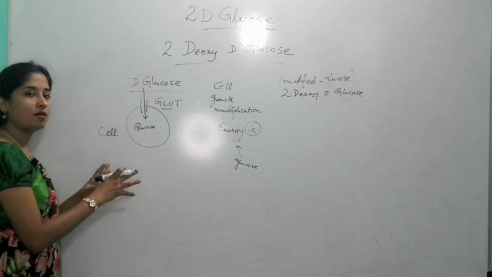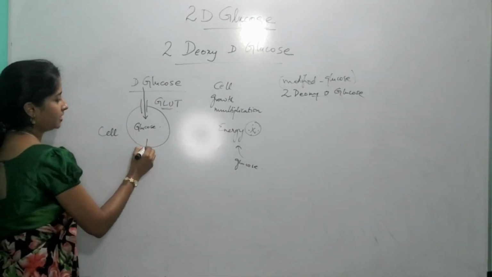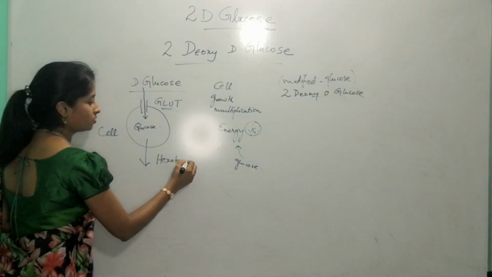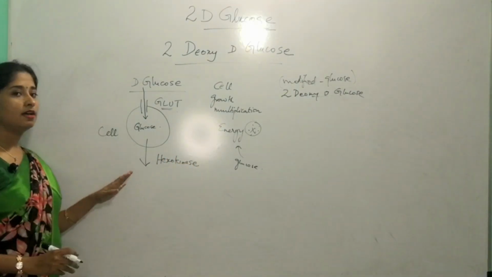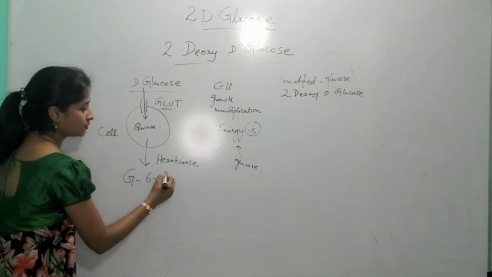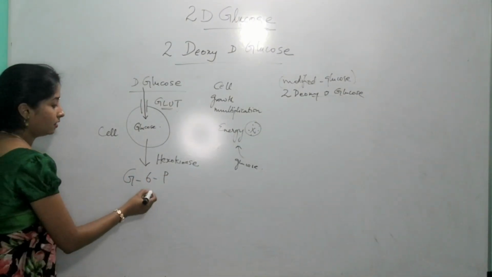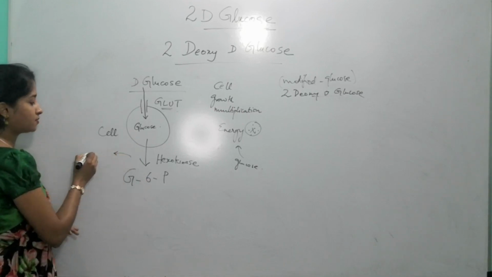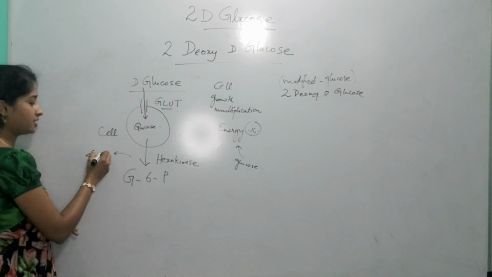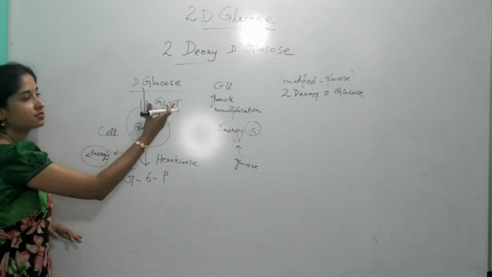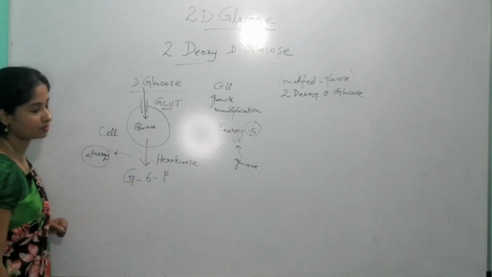As soon as the normal glucose enters the cell, it is acted upon by an enzyme called hexokinase. So this hexokinase converts this glucose into glucose 6-phosphate. Again, during this process, a small amount of energy is released. So this energy will be used by the cell for growth and multiplication.